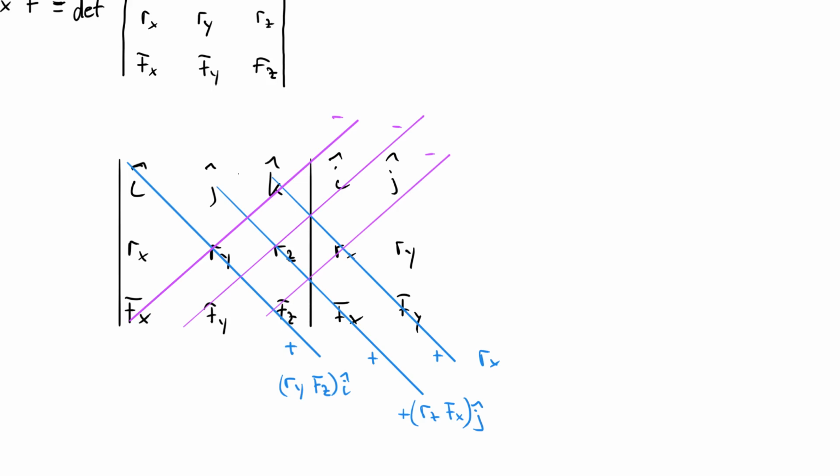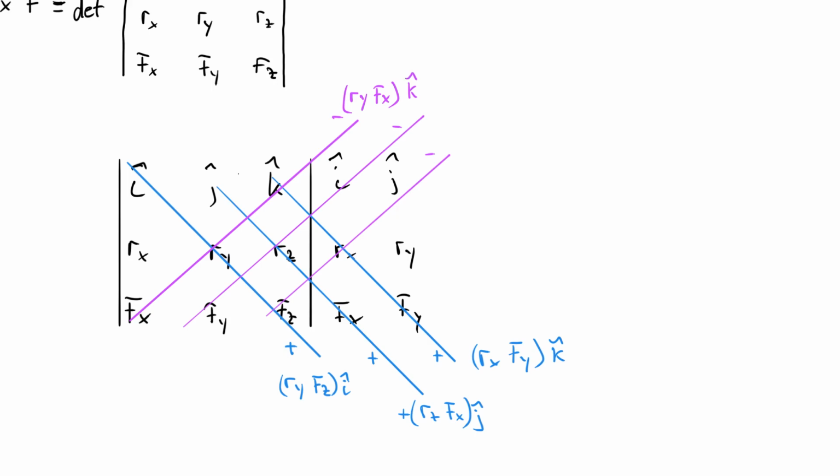And I have Rx, Fy, which is my positive K component. Now the diagonals that go upwards, the negative ones, I have Ry, Fx, and again this is negative, which is already indicated. Sorry, I need to mention that this here is K hat, of course.